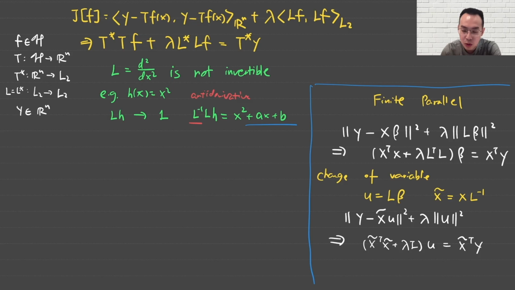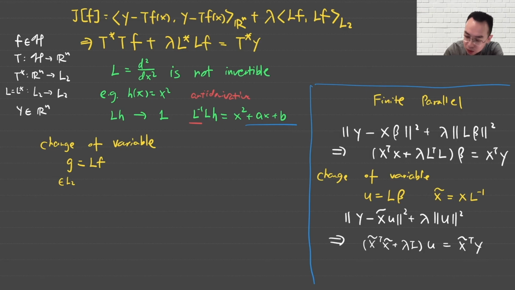To get around this problem, I define the change of variable in a slightly different way so that we don't call it L inverse. We define g equals Lf. So g is a function in L2 space, and there's no problem with that.